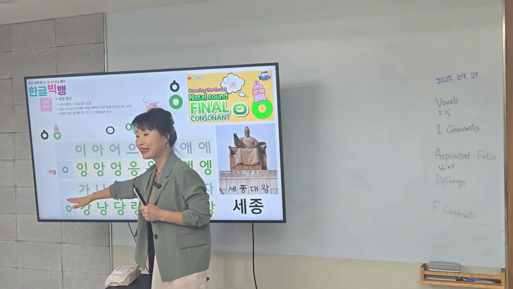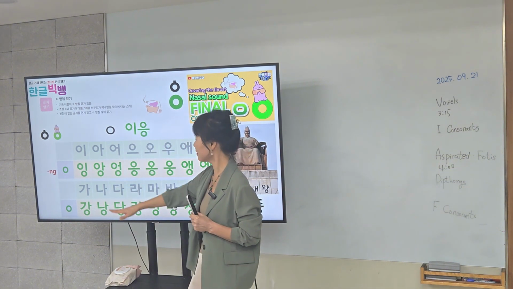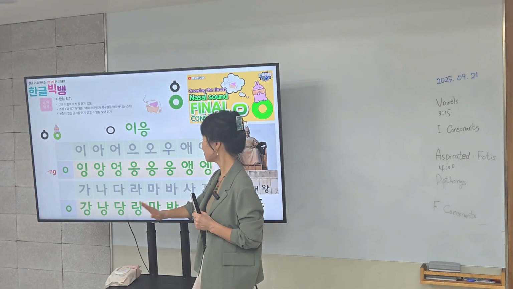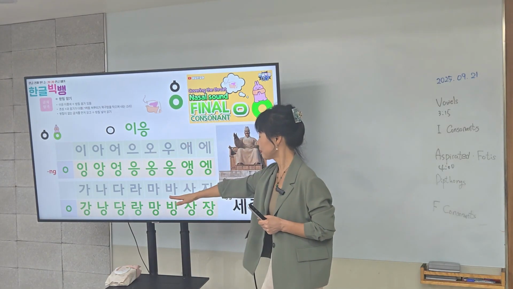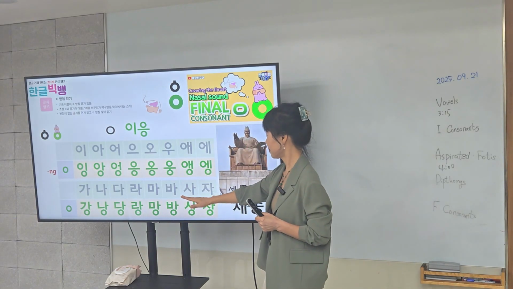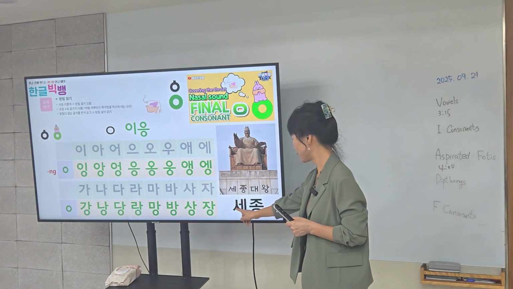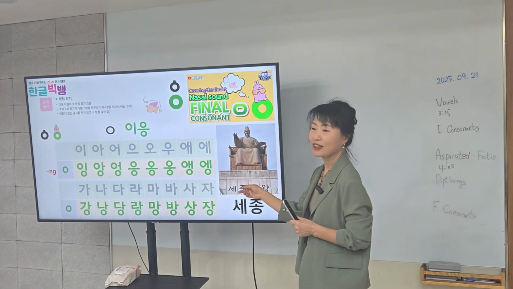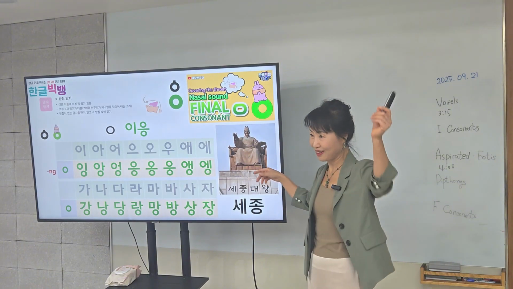This is ka, kang, na, nang. Wow, good job. So, have you ever seen the statue of King Sejong in Gwanghwamun Square?